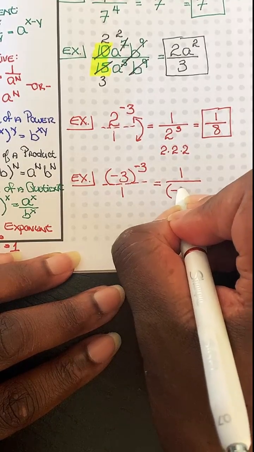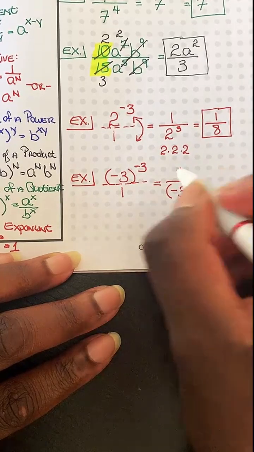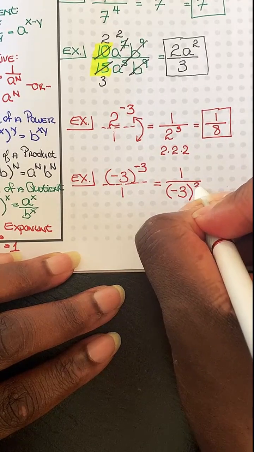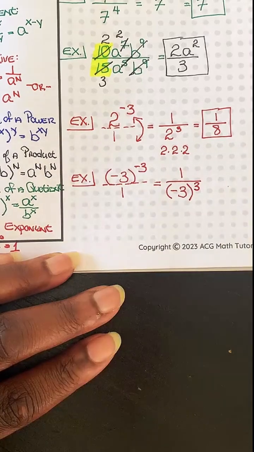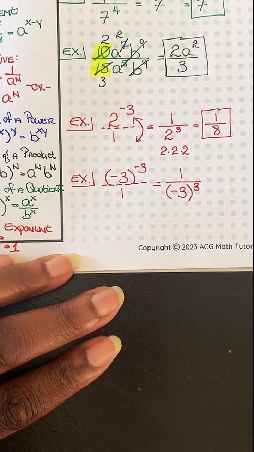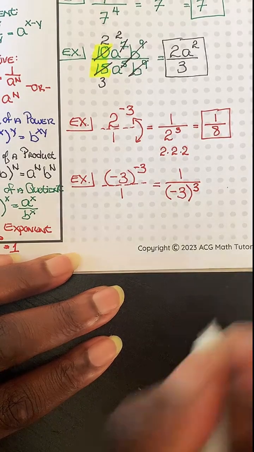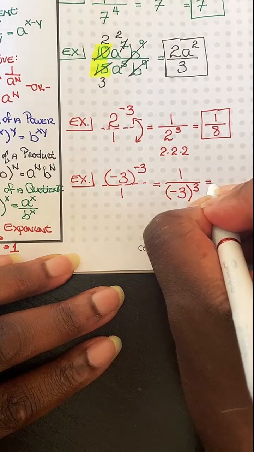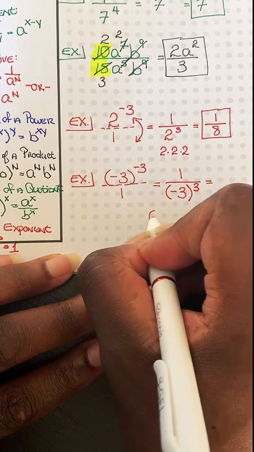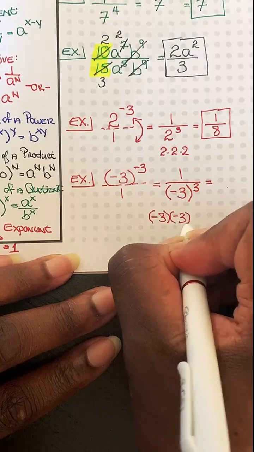Now, the negative 3, the base, is staying exactly the same. The flip is only speaking to the exponent. When you flip it, only the exponent is switching its sign, not the negative 3. So now we have negative 3 multiplied by itself 3 times.